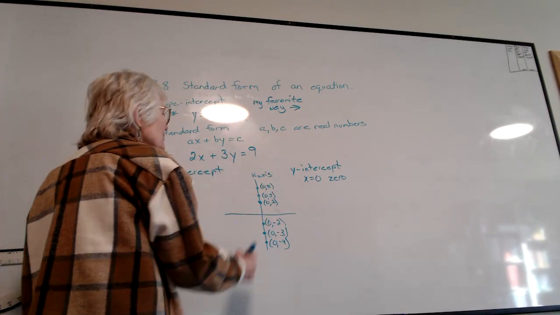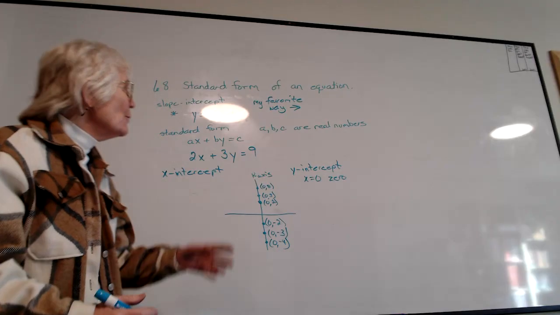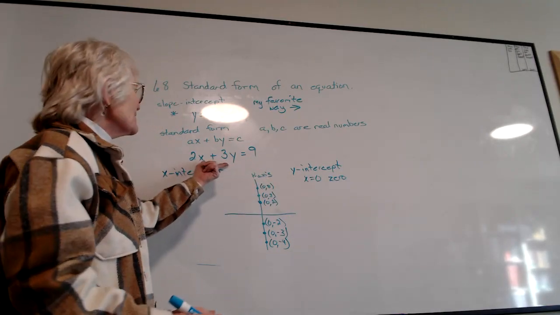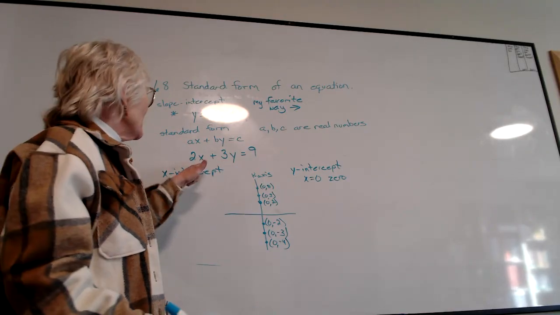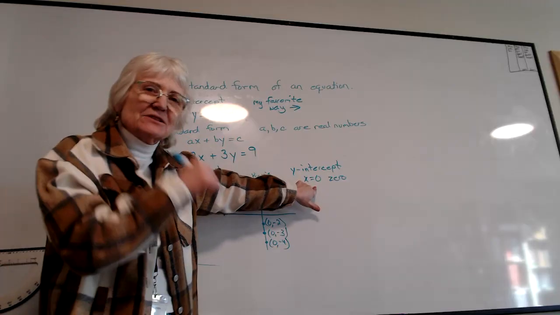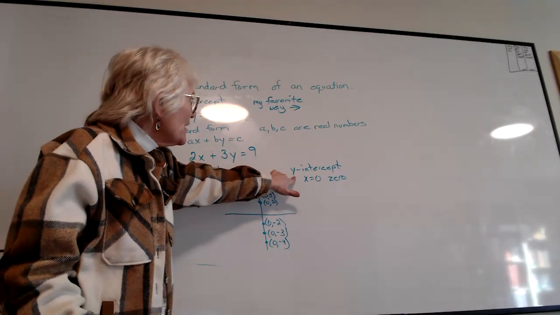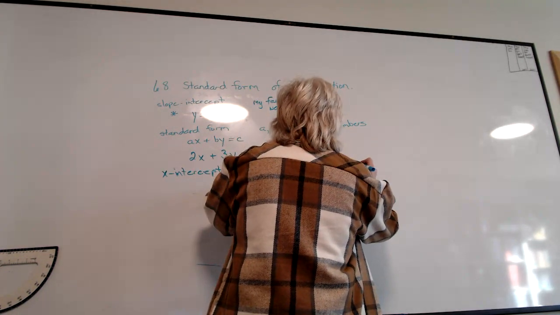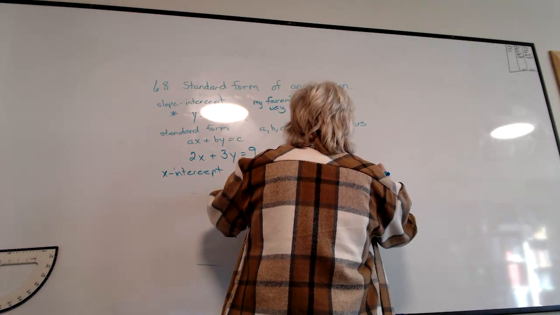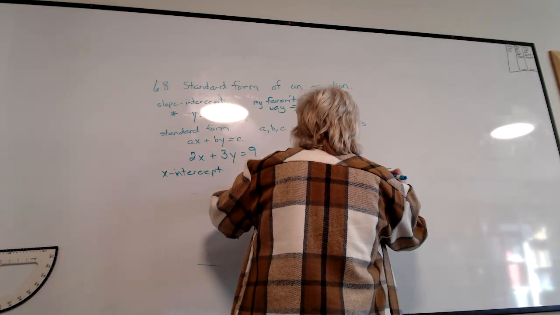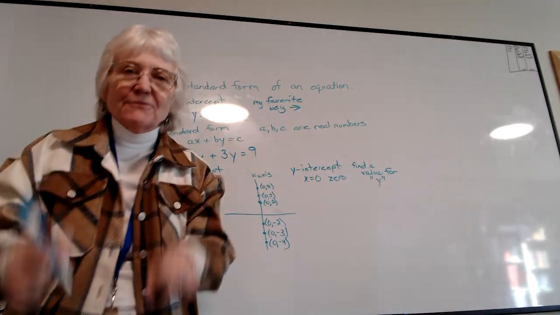And so when I'm trying to find the y-intercept, we can just put 0 in for x because I know the y-intercept has x equals 0. If I'm trying to find the y-intercept, it means I want to find a value for y. We're trying to get a number for y.